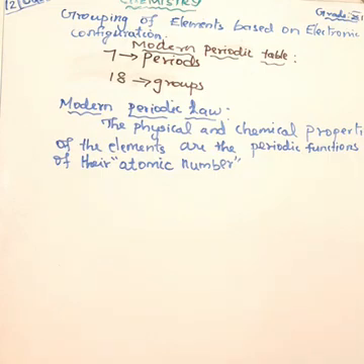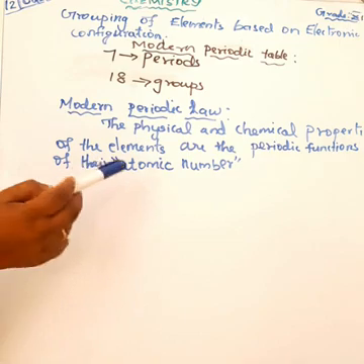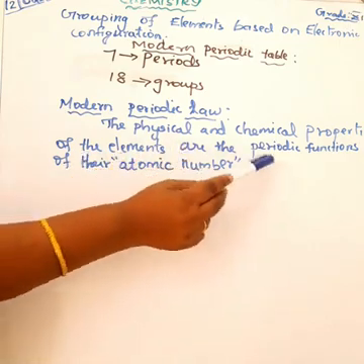According to the Mendeleev periodic table, the elements are arranged in increasing order of their atomic weight. But in the modern periodic table, the elements are arranged based on their atomic number.